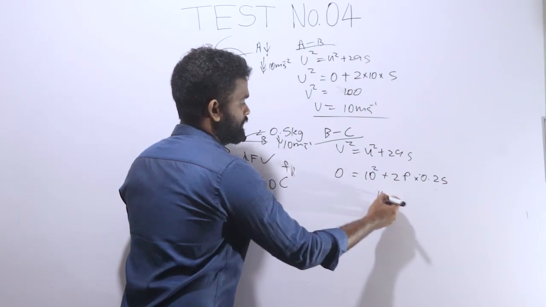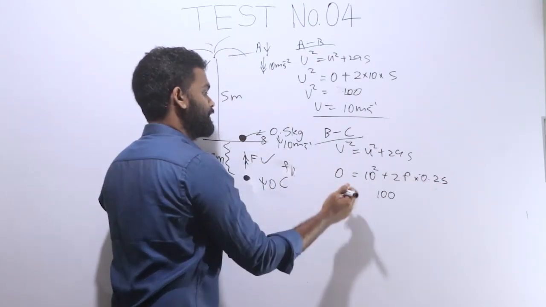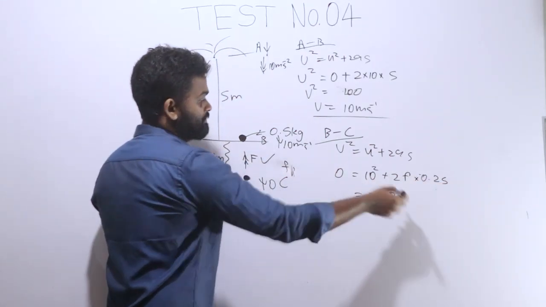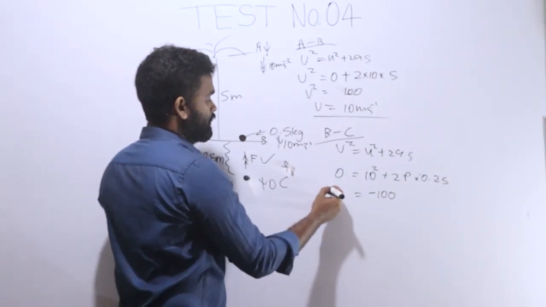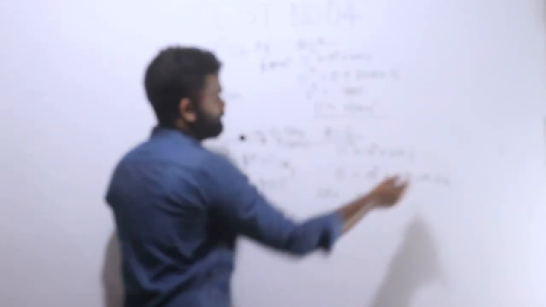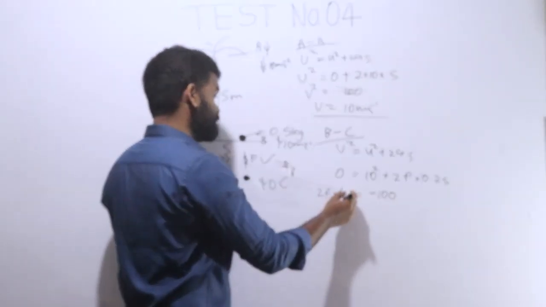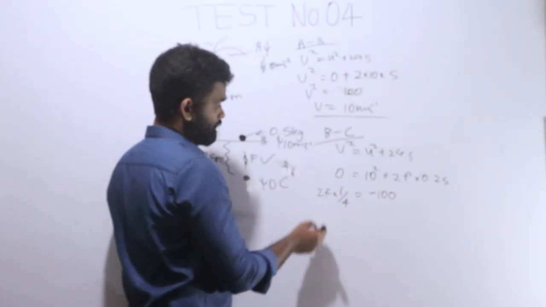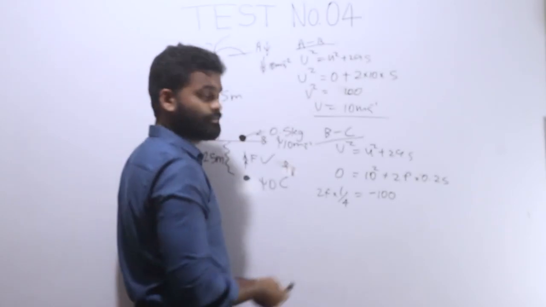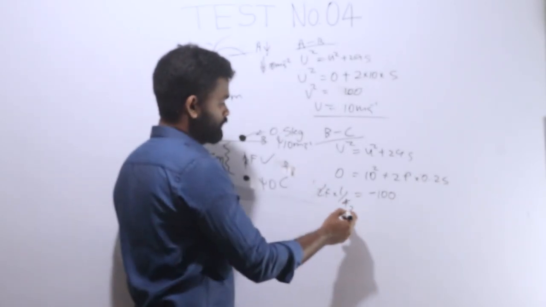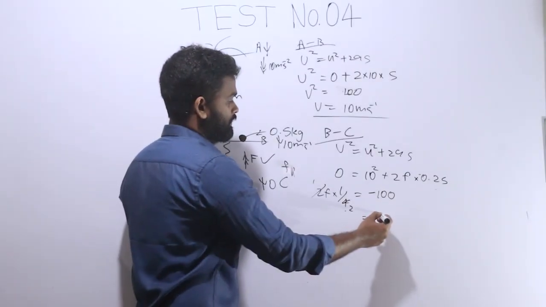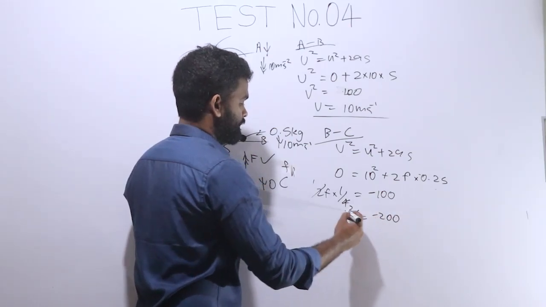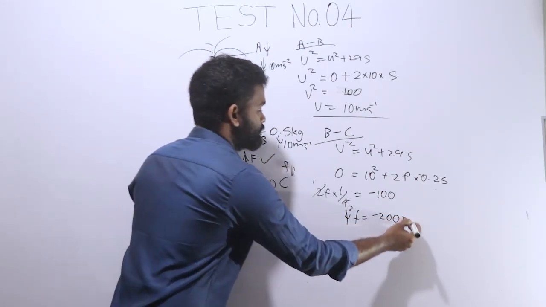So this is 100. I'll take this term to this side. Then this becomes negative. 2a times 0.25 means a over 2... so just simplify this. Cross multiply, it becomes minus 200 meters per square second.